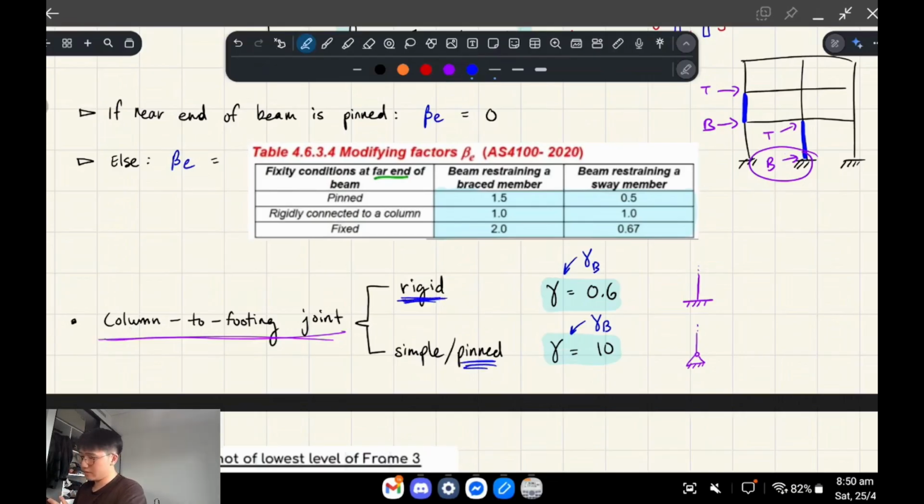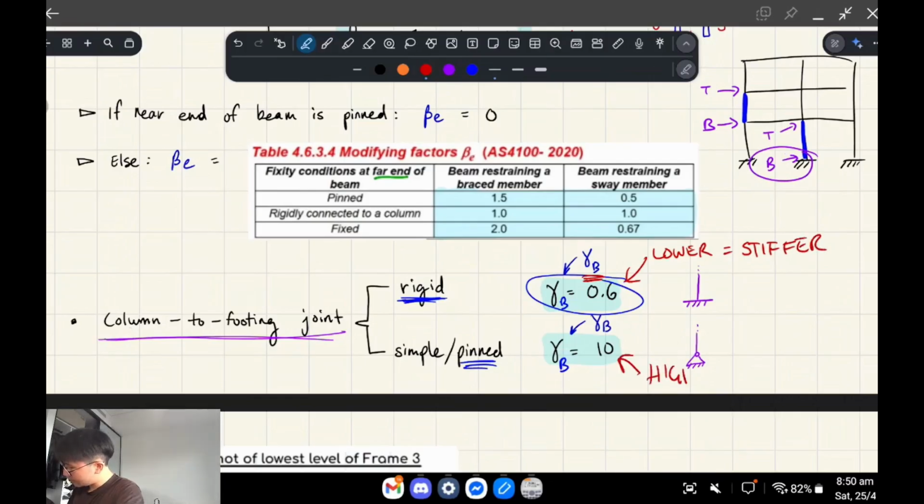If it's a rigid connection, gamma bottom is 0.6, whereas if it's pinned, gamma bottom is 10. So whenever you have a gamma value that's lower, it equals stiffer, and whenever you have a higher value, it's looser, I guess you can say.